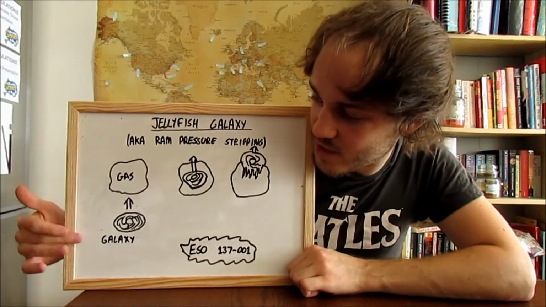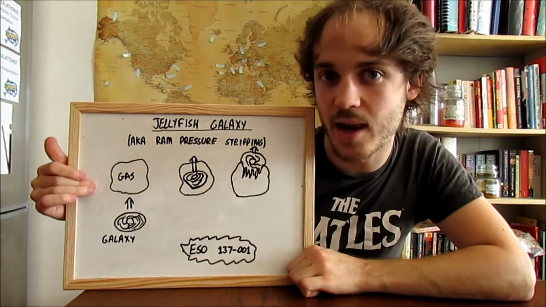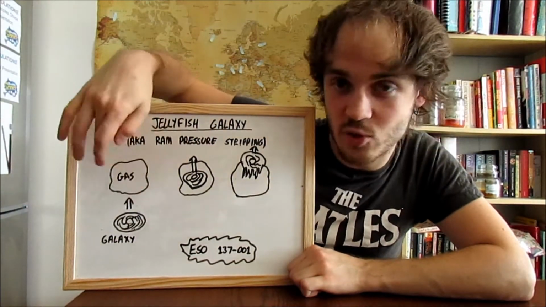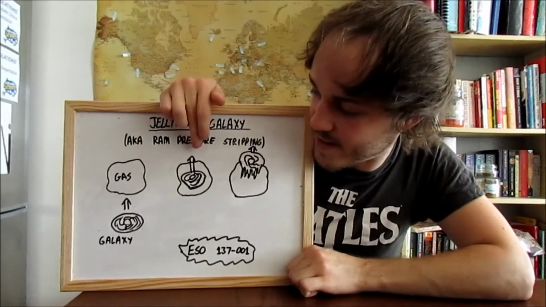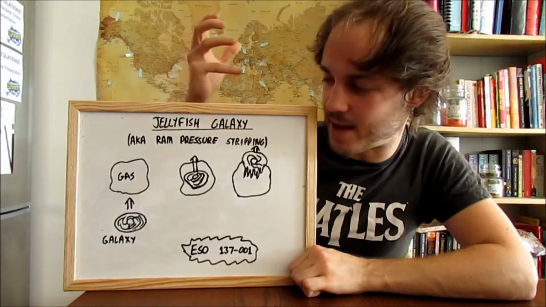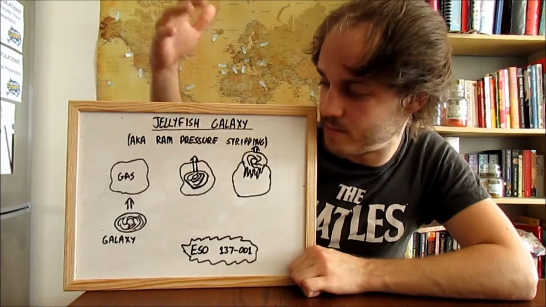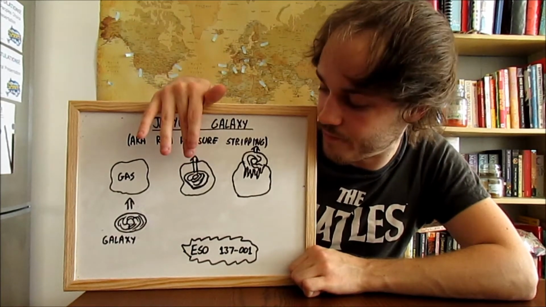So in this jellyfish galaxy, the galaxy at some point is moving towards this giant cloud of hot gas. What happens is it looks nice and normal. It's a nice regular spiral galaxy, but as it goes through, the pressure from the gas actually starts elongating it and stripping it back against the direction it's travelling in.